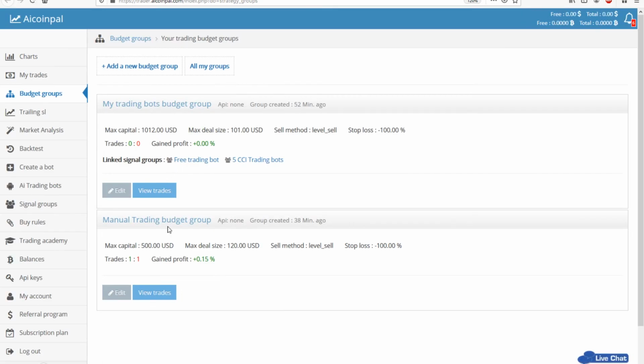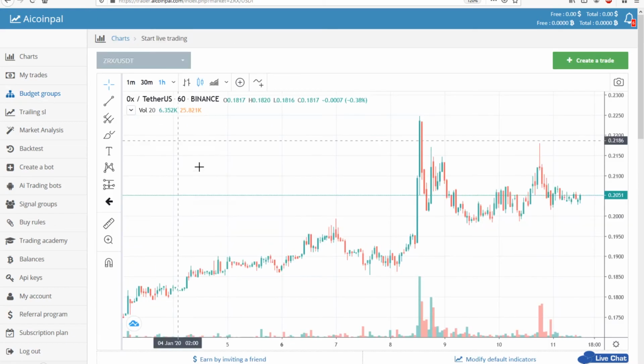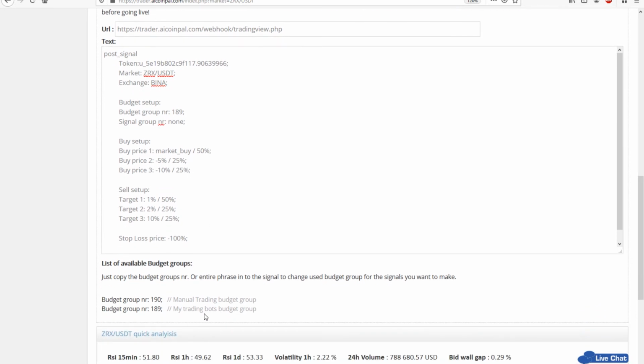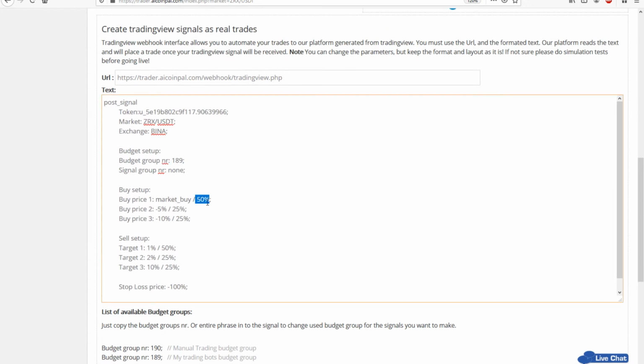We have set up our budget group for trading bot, my trading bot's budget strategy. We have set up that we want to use only $100 for a trade. Means that my trading bot's budget group will buy 50% of the $100 we have inputted.